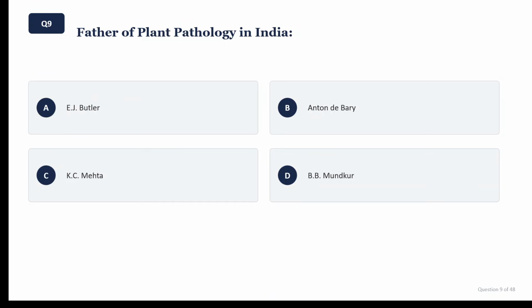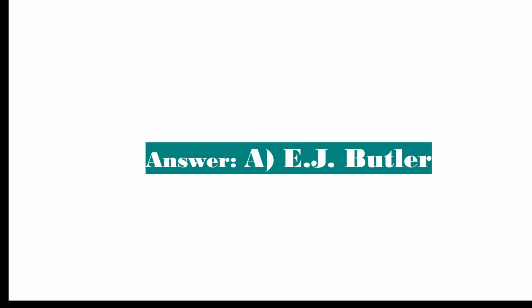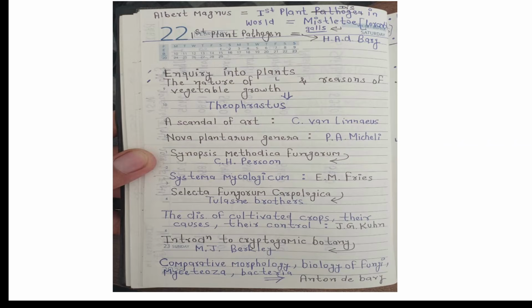Okay, move forward. Butler. These are also important things to note down. Albert Magnus is the person who first saw a plant disease in the world, on mistletoe or Loranthus. On which crop? Loranthus. Which disease?